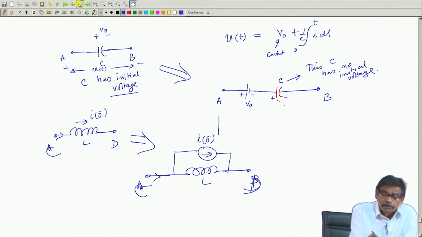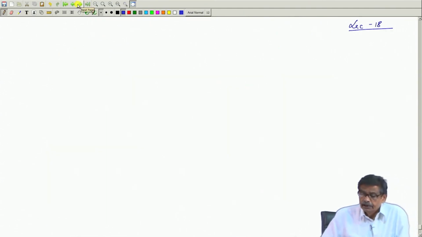Now, today, while solving these circuit problems, say RL circuit, RC circuit, discharging or charging circuits of both RL and RC type, essentially what we are doing is writing down the differential equation and trying to solve it.